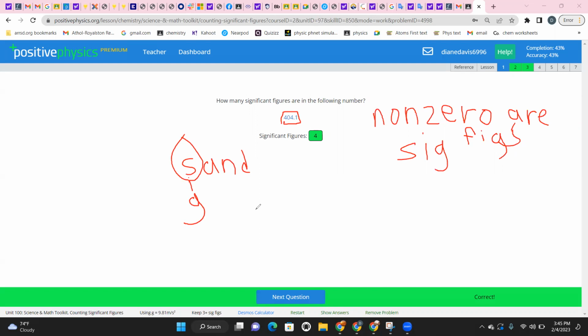So if they are leading zeros, then they are not significant figures. Like someone who puts himself first maybe is not significant, if you want to put those two together or find another way to remember it.